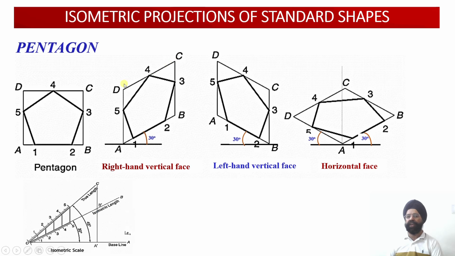I repeat once again, first of all we will be drawing this rectangle in the isometric projection. After that, I am going to measure this distance, A to 1 and 2 to B. These distances I will be marking from these two ends, A to 1, 2 to B, right?